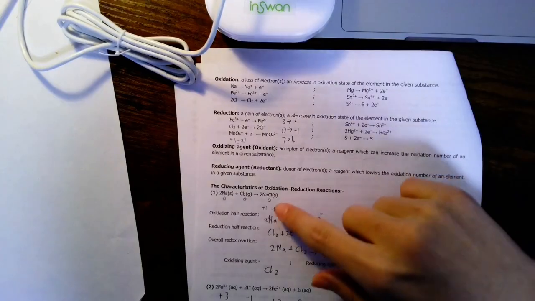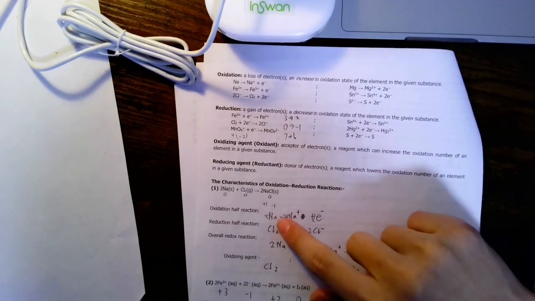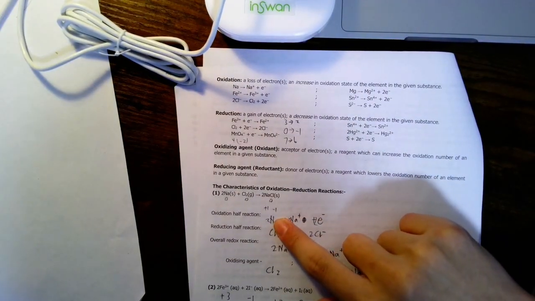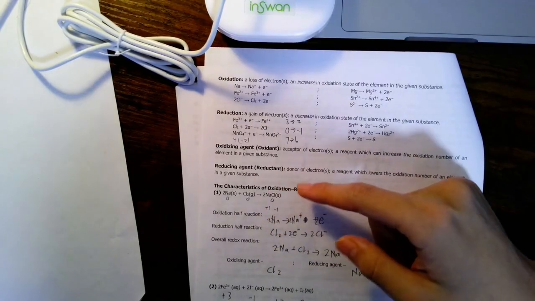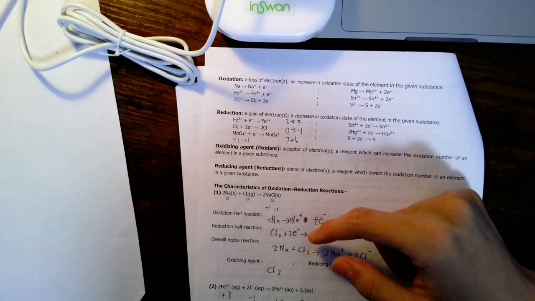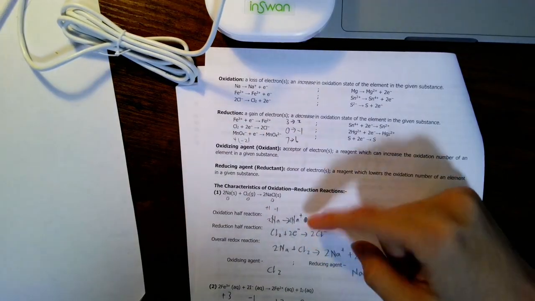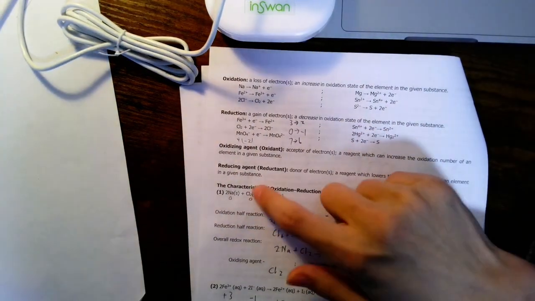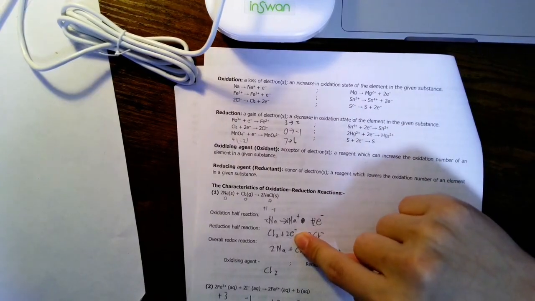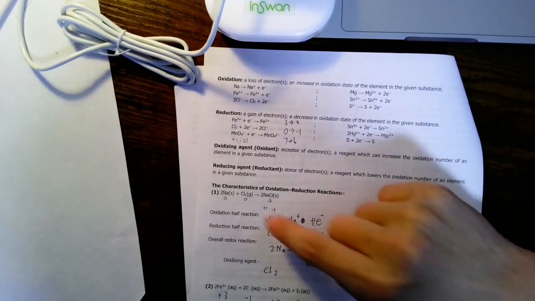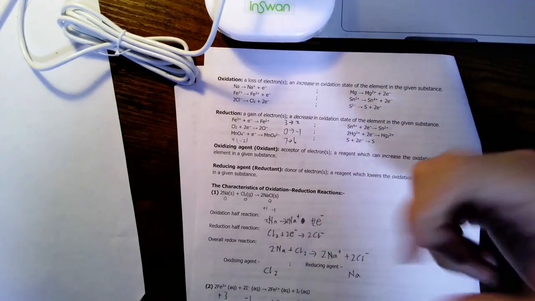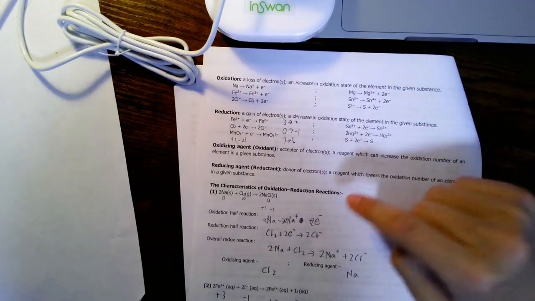Okay, so for example, this one: sodium is the one that gains charge, and chlorine is the one losing charge and gaining electrons. Because these 2 chlorines gain 2 electrons, and these 2 sodiums lose 2 electrons.